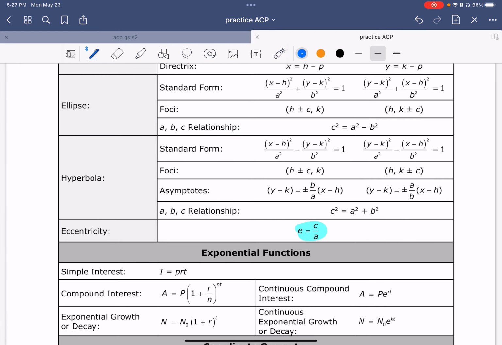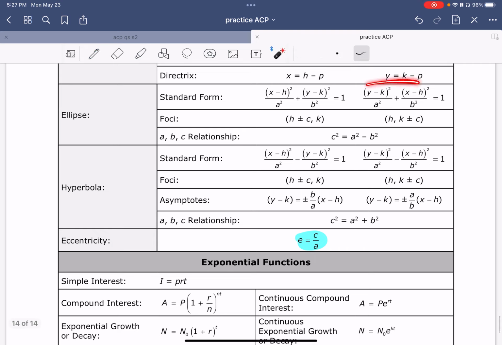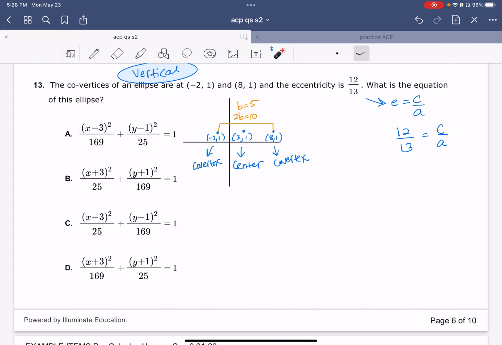Now, this is a vertical ellipse, meaning we're going to be using this standard form. Remember, if it starts with H, it's horizontal. So this one is going to be for the vertical ellipses. So y minus k, which is 1, squared, over a squared, which is 13 squared, and 13 squared is 169, minus x minus 3 squared over b squared, and b is 5, and 5 squared is 25.